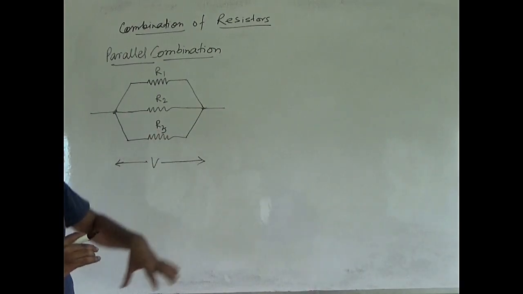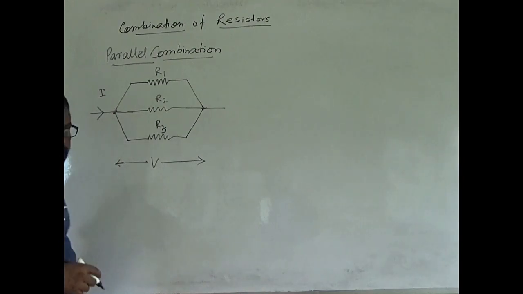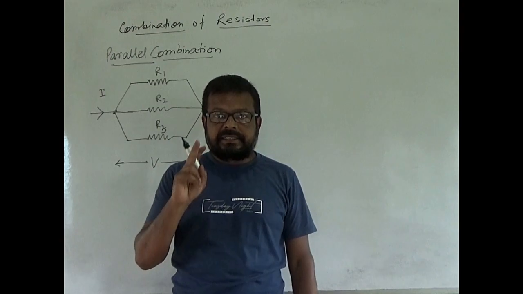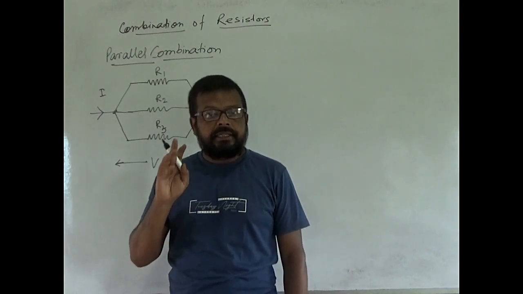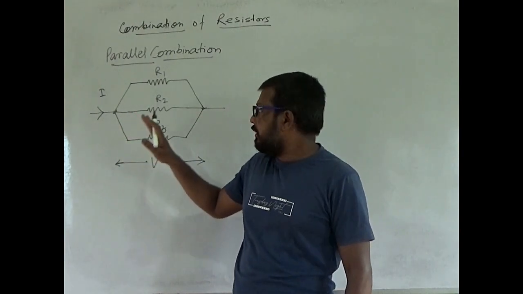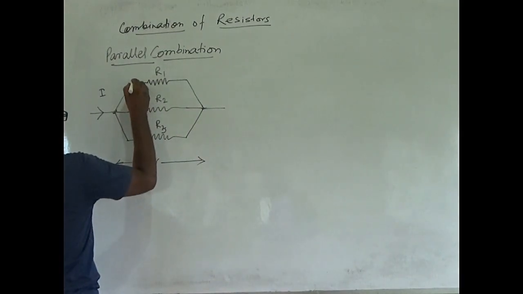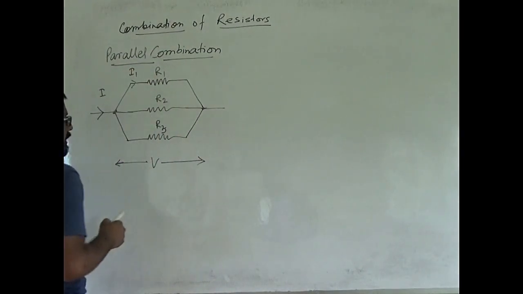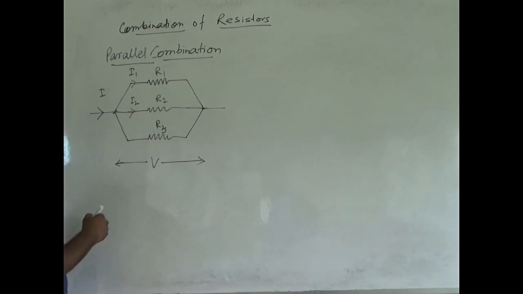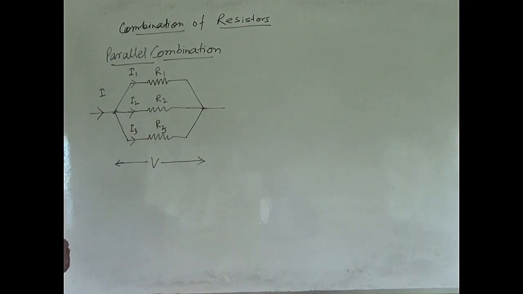Clear? Now let us say I is the total current through the combination. This current I will be divided into three branches. Let us say I1 current is passing through R1, I2 current is flowing through R2 and I3 current is flowing through R3.